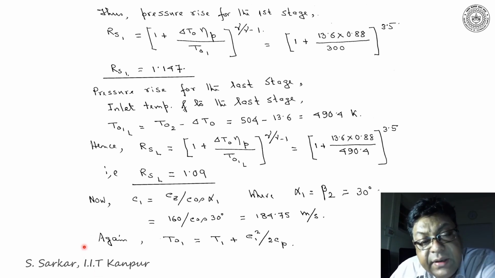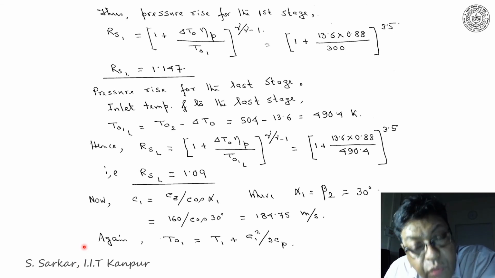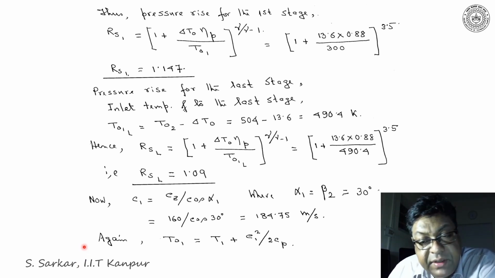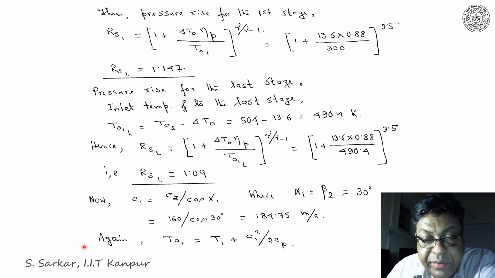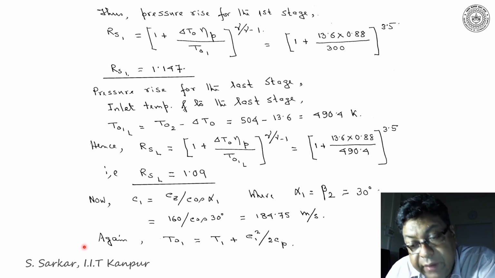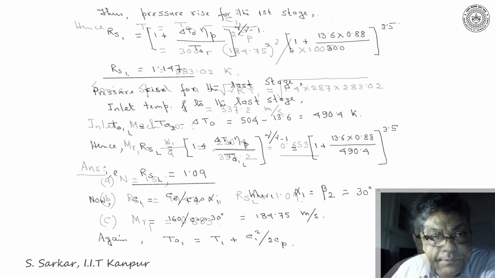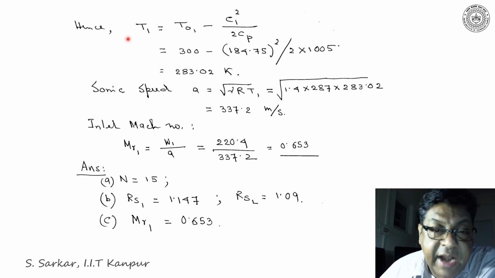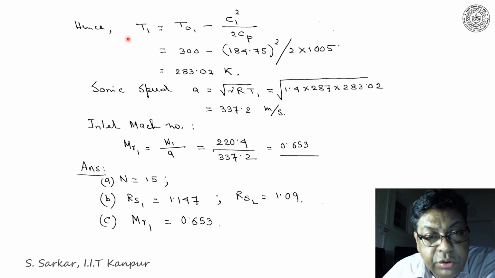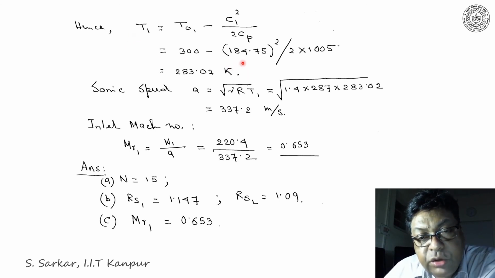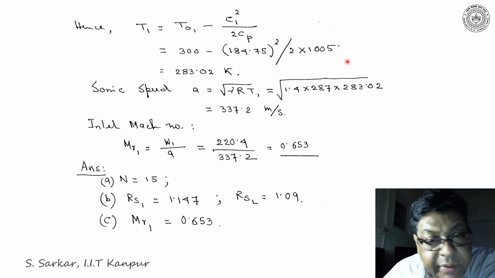Furthermore, I can write T01, total temperature at inlet, is equal to T1 static temperature plus C1 square divided by twice Cp. Thus, I have assessed the static temperature T1 as T01 minus C1 square by twice Cp. So 300 minus 184.75 square divided by 2 into 1005.